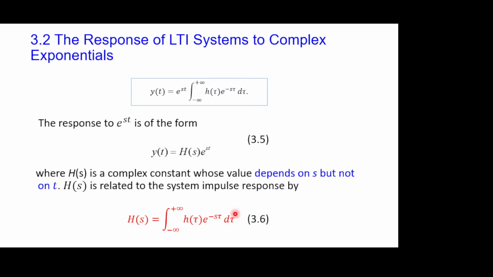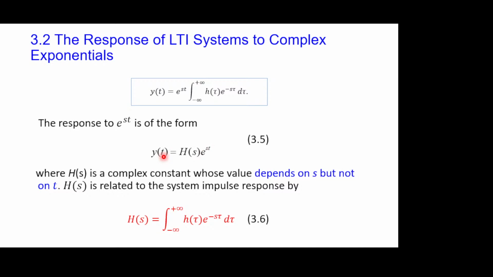But for now, let's assume this converges. And actually, if s is purely imaginary, it will converge, and that will be nice. But for now, let's just know that e to the st, for some complex number s, will be an eigenfunction of your LTI system.